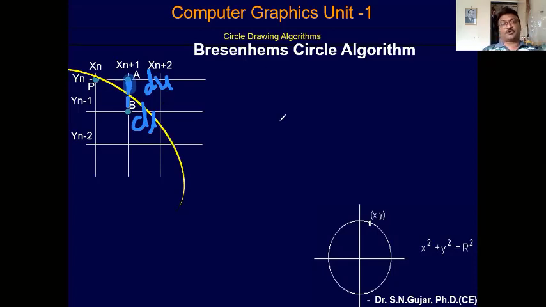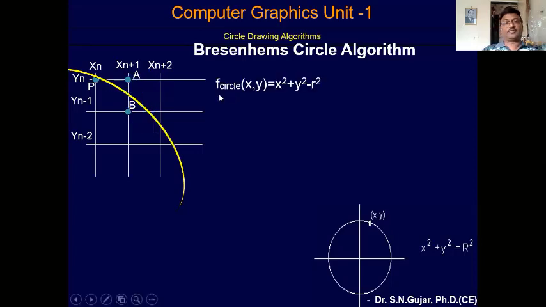Now first of all you have to consider the equation of the circle in function form. So x square plus y square is equal to r square. Suppose I put my equation in the form f of circle in brackets xy, x square plus y square minus r square.